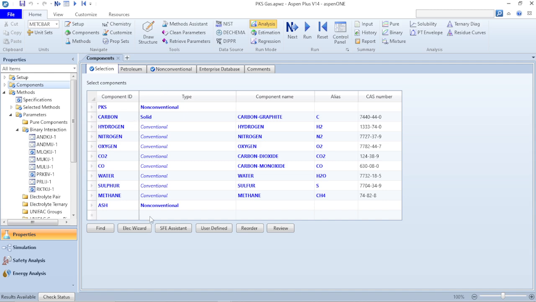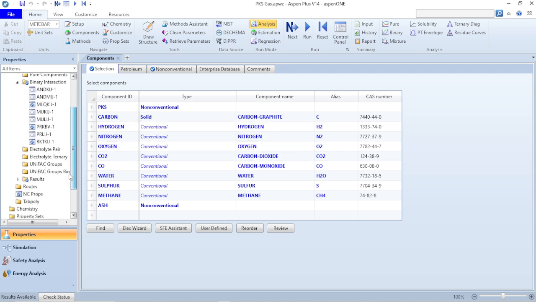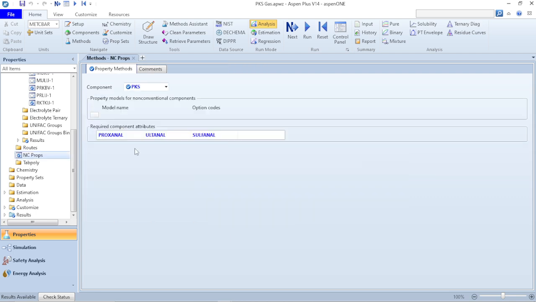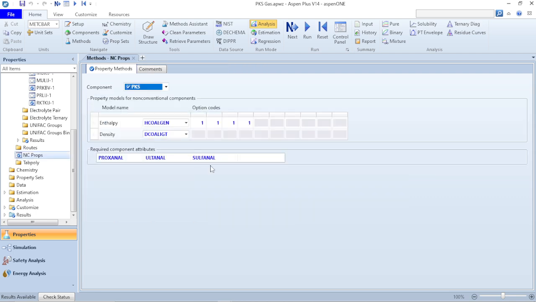Remember, the PKS and the ash are both non-conventional, and our carbon is the solid. So after doing that, we went to your NC properties: approximate, ultimate, and then sulfur. Remember to make use of the whole HCOALGEN and DCOALGEN.